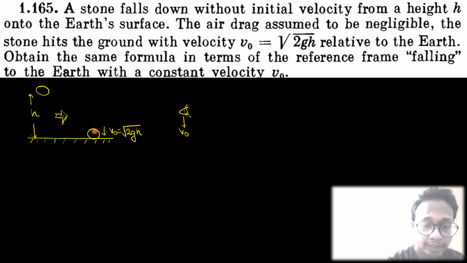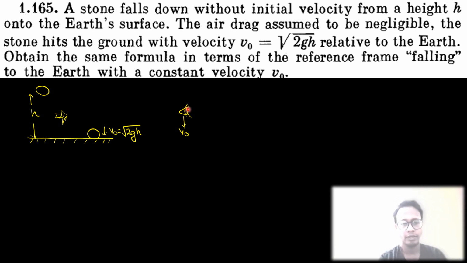Show that the velocity of the ball when it collides with the earth will be under root of 2gh irrespective of the velocity of this observer. That means show that the velocity of the ball is equal to under root of 2gh, doesn't matter whichever observer you're taking it from.